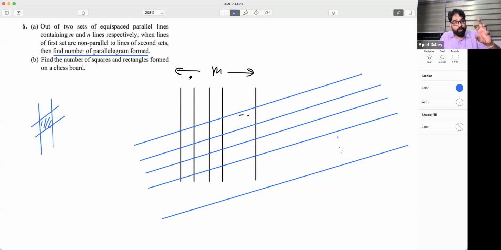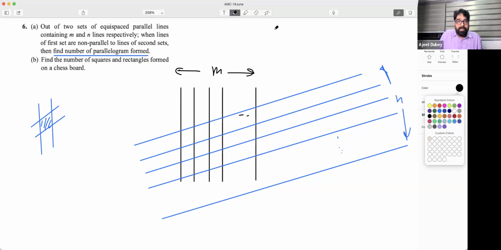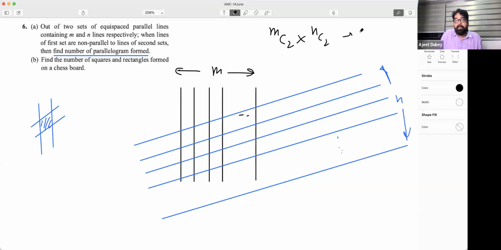So I need two lines from here, and multiplication, two lines from the n set. So two lines from the m set will be MC2 and NC2. This is the number of parallelograms. I'm sure it's clear to everybody.